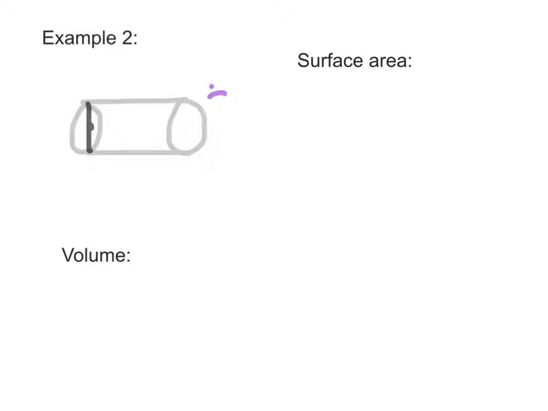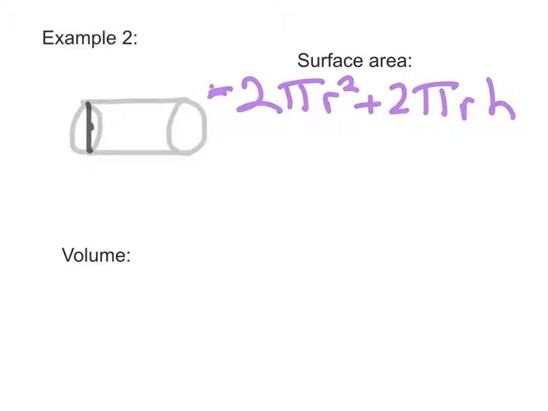And that is going to be equal to 2 pi r squared plus 2 pi r h. So if you look at this, we can see that we need to know three things. We need to know what pi is, and we know that pi is 3.14. We need to know what the radius is, and we need to know what the height is.